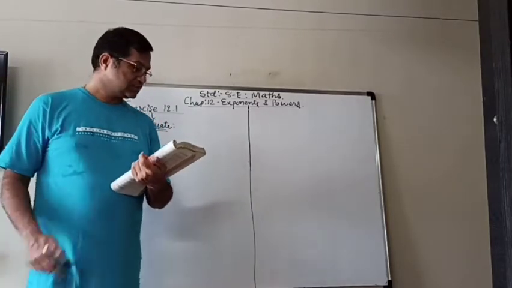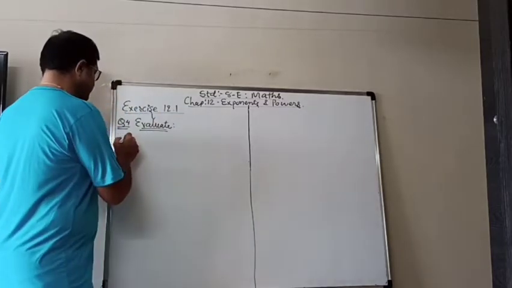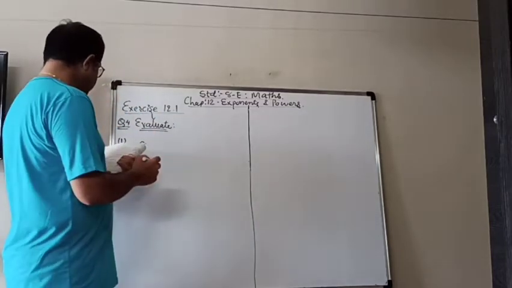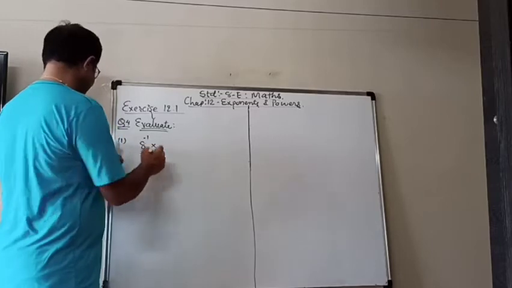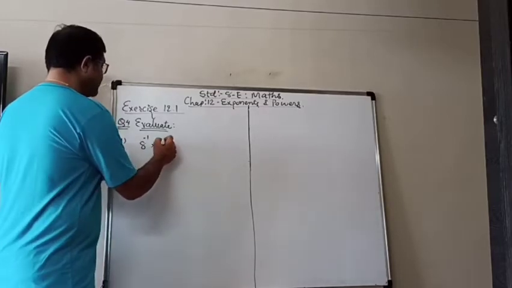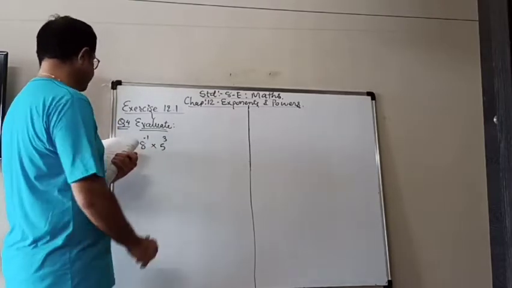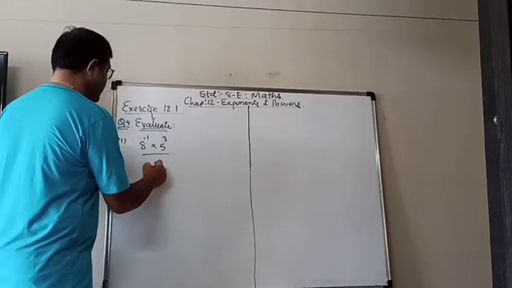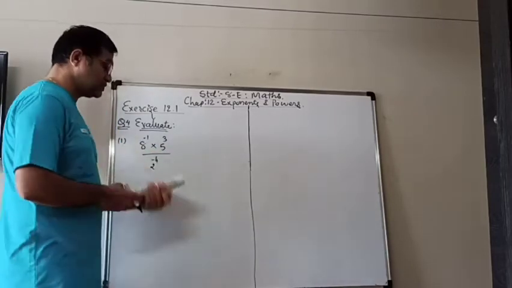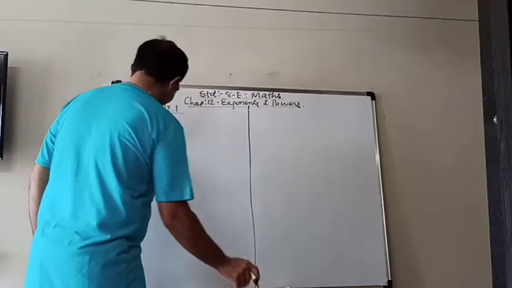Evaluate. The first one is 8 raised to minus 1 multiply by 5 cubed divide by 2 raised to minus 4.